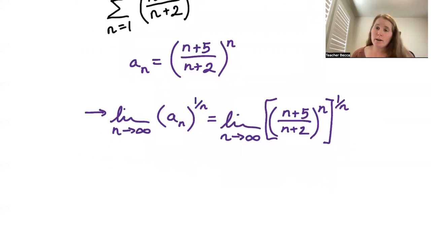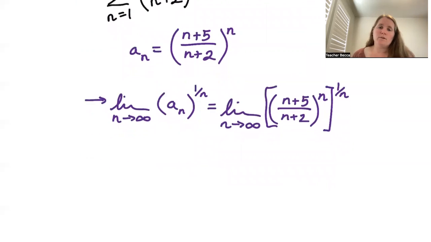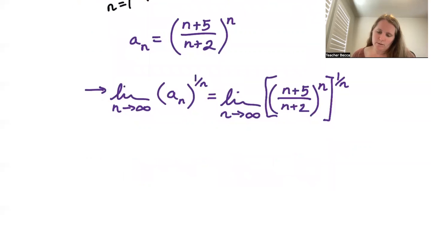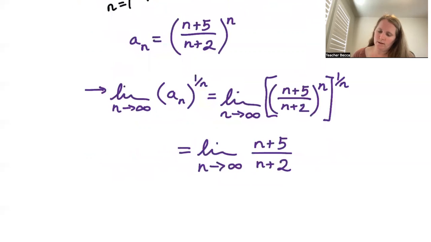Raising to the power of n followed by the nth root just cancels out since we're dealing with positive bases. So this just becomes the limit as n goes to infinity of n plus 5 over n plus 2, which is simply equal to 1.